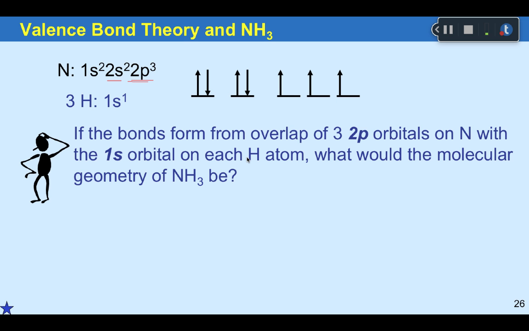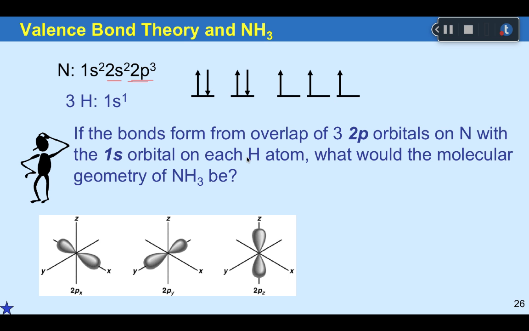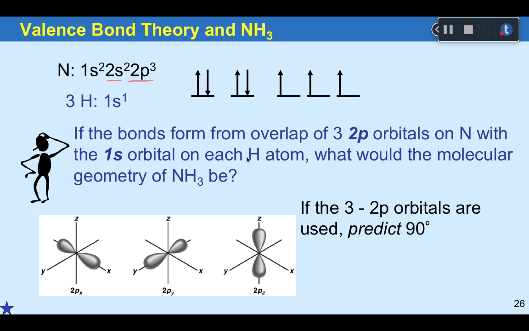So we would have the single electron from each hydrogen overlapping with one of the p electrons, the 2p orbitals, and each of those 2p orbitals occurs at perpendicular to each other in the x, y, and z axes, as you will.